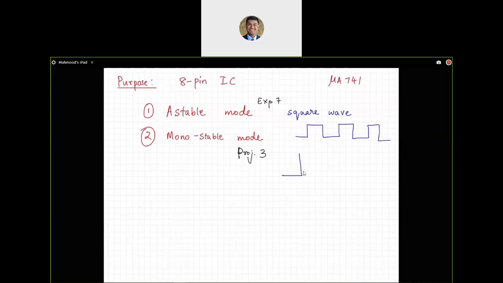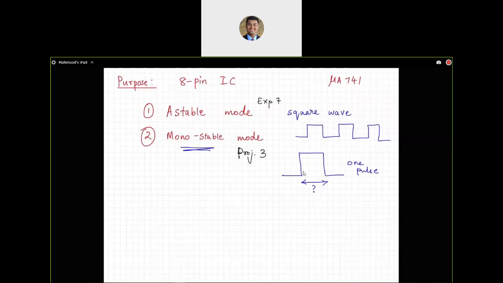Instead, you just generate one clean pulse, and you are able to control for how long that pulse lasts by designing an appropriate circuit that has the monostable configuration. We'll talk more about that in project 3. But that is going to be one pulse, and in the astable mode, it's going to be continuous pulses. We are going to be focusing on the astable mode today.